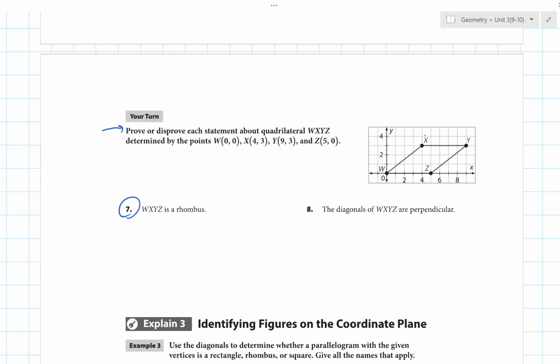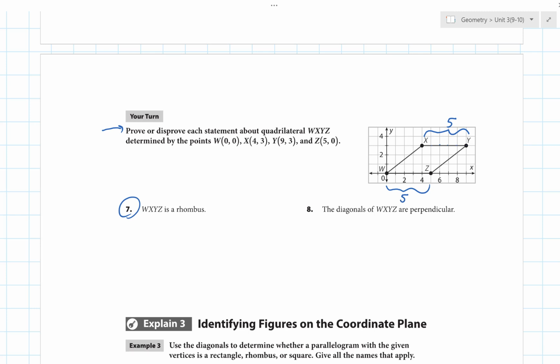We can tell already that the length of XY is 1, 2, 3, 4, 5. And the length of WZ is also 5. So we know those are the same, but we need to use the distance formula to find the length of WX and YZ.